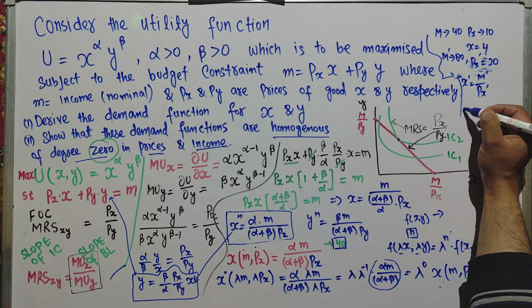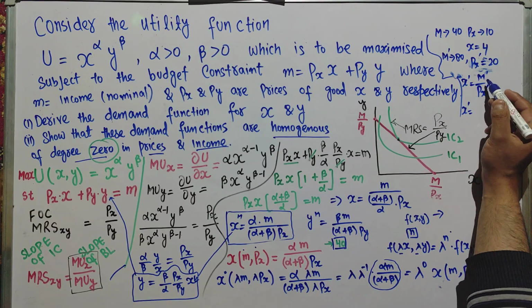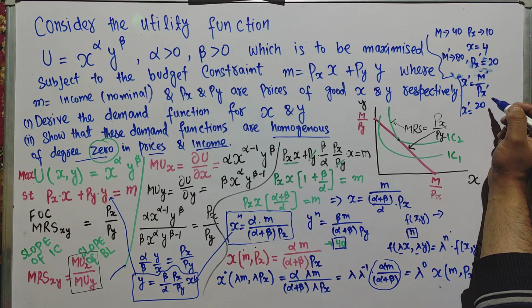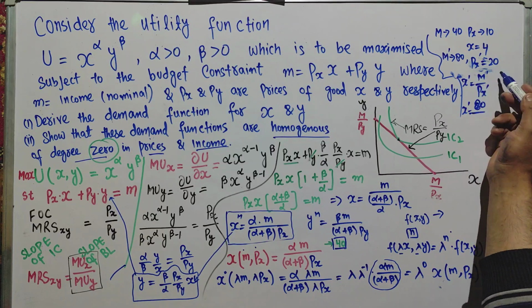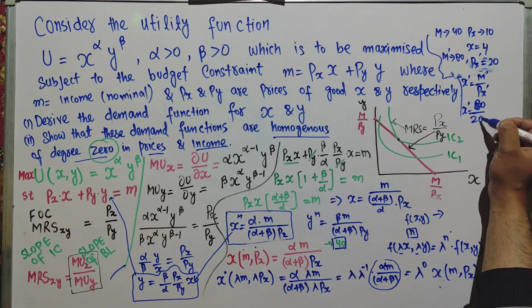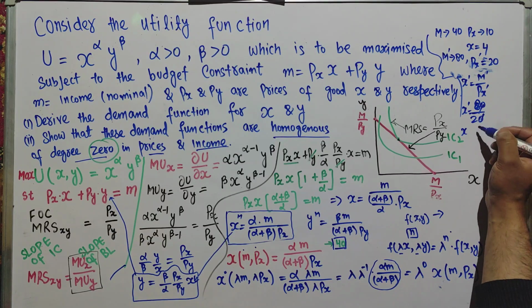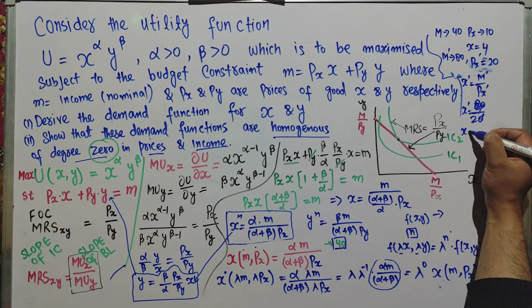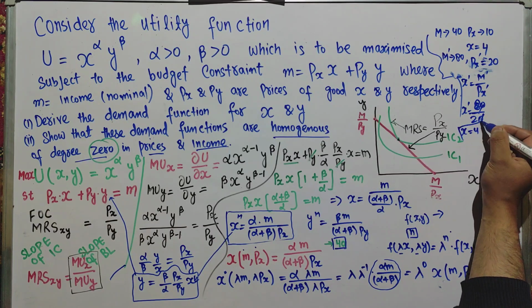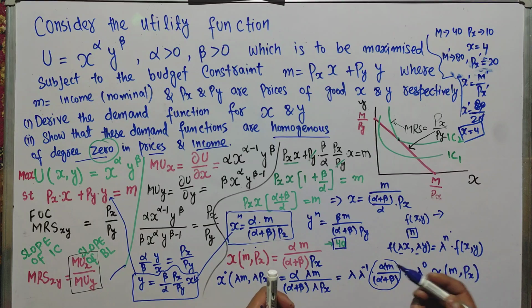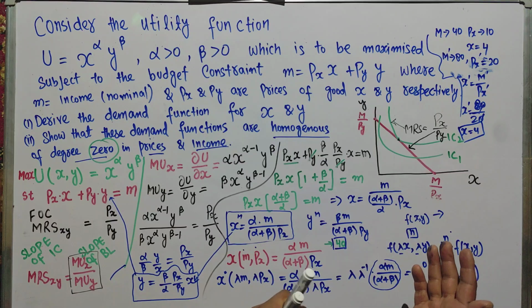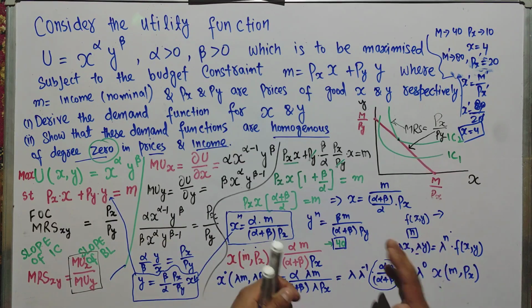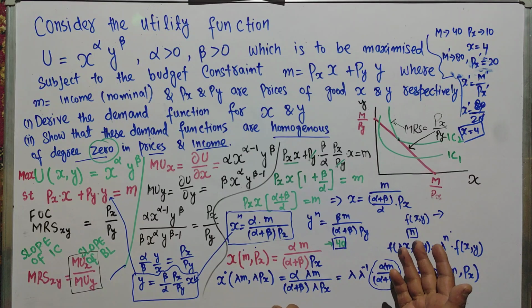Here you can see new income is 80, and the price is 20. Again he is only consuming 80 divided by 20, which is equal to 4. When we increase both the income and the price by the same amount, the demand of the consumer does not change. That is the meaning of homogeneous of degree 0 in prices and income.